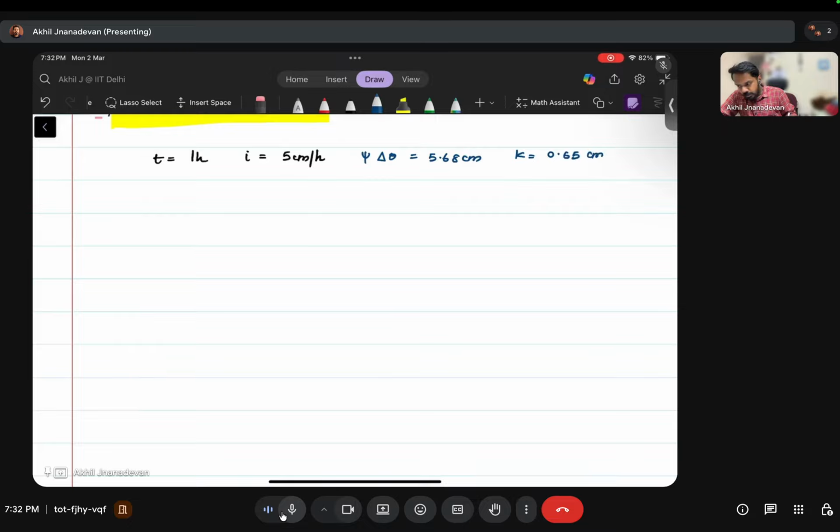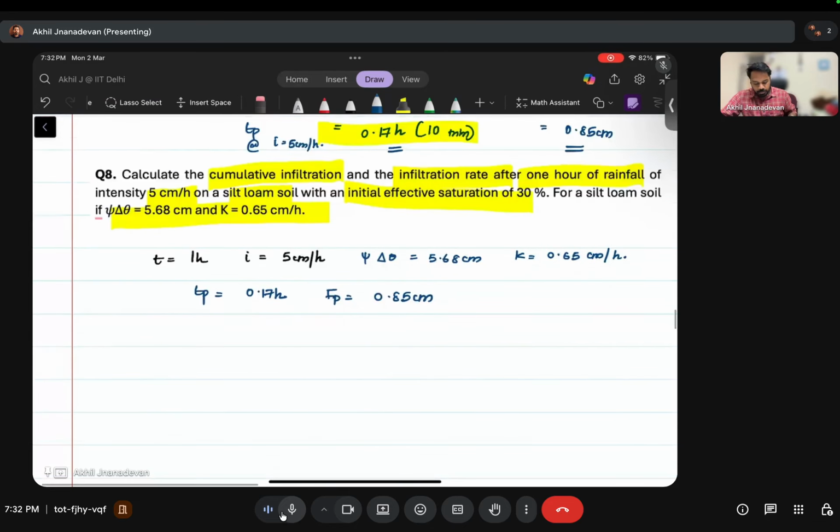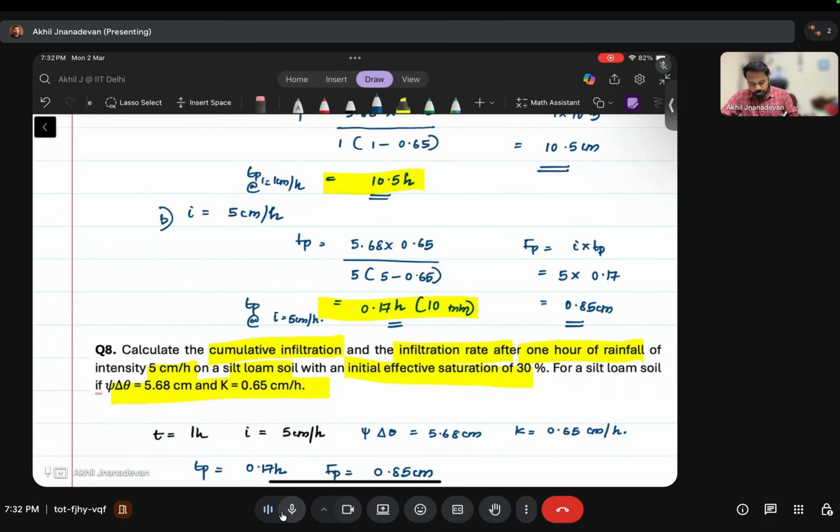Right. Tp we already calculated, we don't have to calculate it again. In the last question we got it as 0.17 hours, and Fp we also calculated as 0.85 centimeter. So we are not calculating that again.